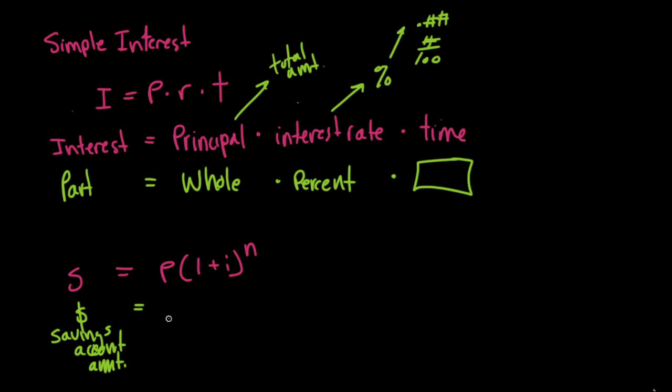Principal, once again, is the whole, that is the amount that you start with. So the initial value of the equation. So I'm going to say starting amount in your bank account.